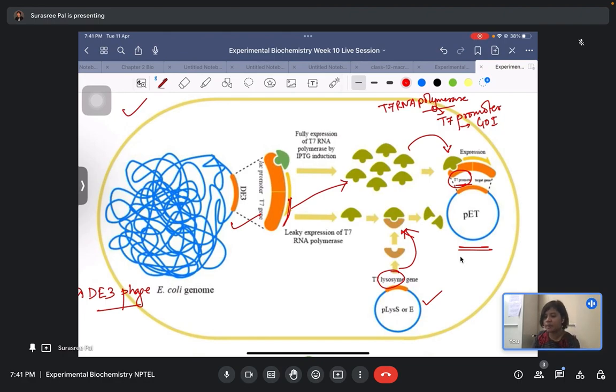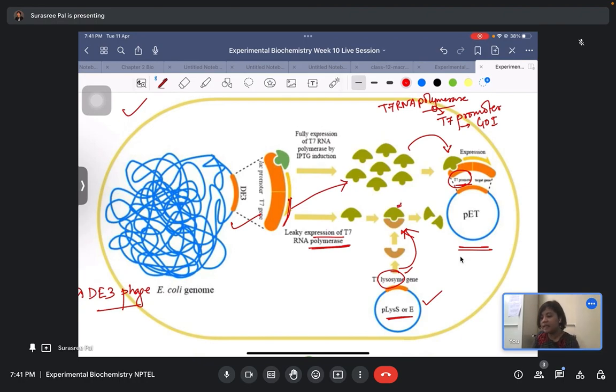So when there is leaky expression of this T7 RNA polymerase, that means expression when no inducer is given, then this lysozyme is expressed from the pLysS plasmid and can cleave the T7 RNA polymerase when it is produced in small amounts.